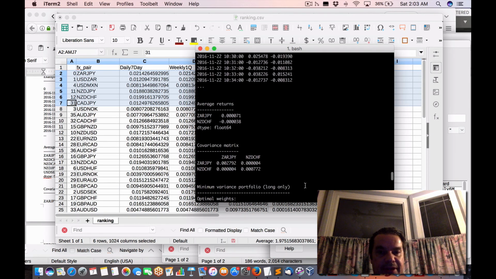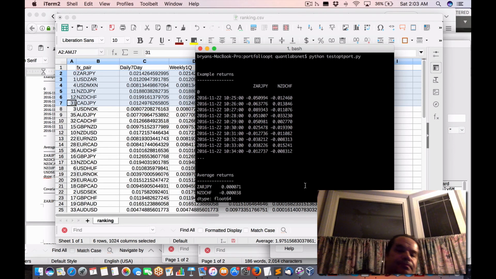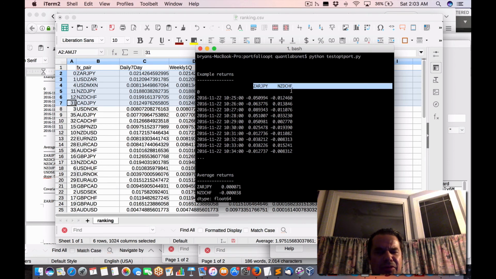When you run it, there's a bunch of tests that you can do. In this case, I've run it against 2 of the most volatile pairs, which you can see here: the South African Rand and the Japanese Yen, and the other one being, let's say, the New Zealand Swiss franc.